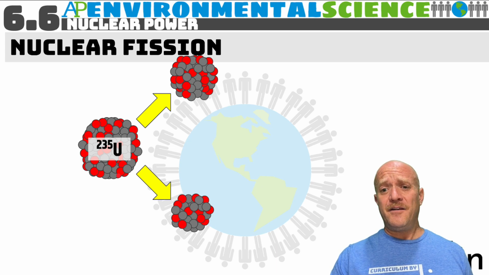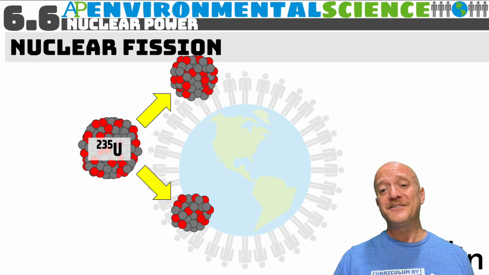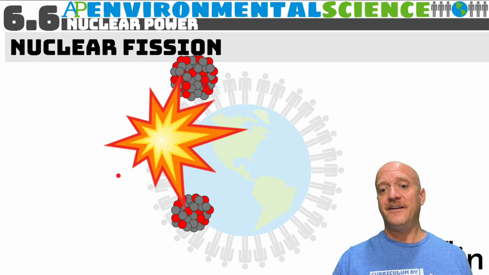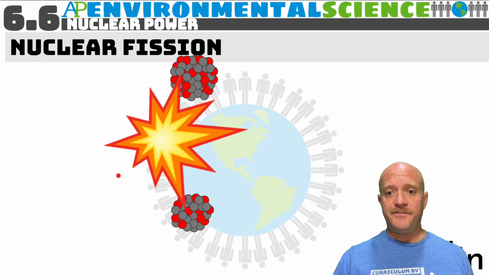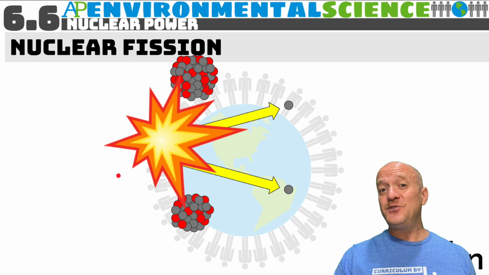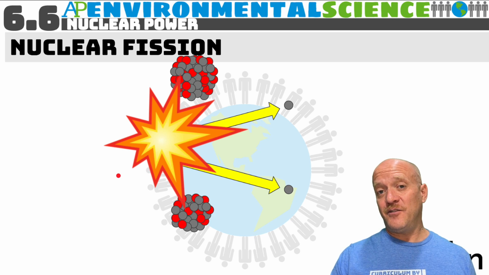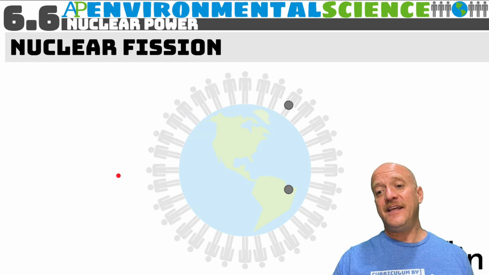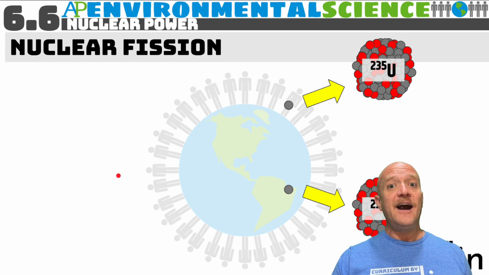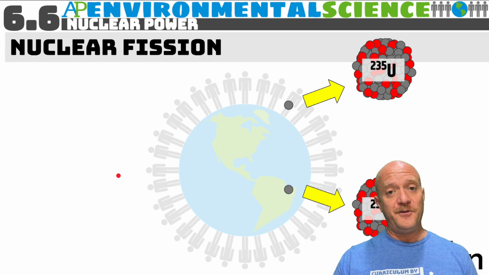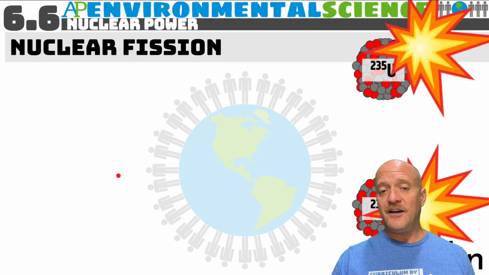It doesn't really matter because you don't have to know. But what also happens is there is a huge amount of energy released. Huge amount. And also two extra neutrons are released, which can then each go and bombard another uranium atom or nucleus, which then can cause a huge chain reaction. This has huge amounts of energy that are released.